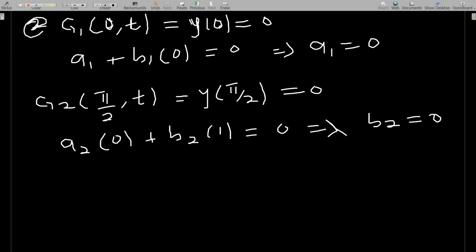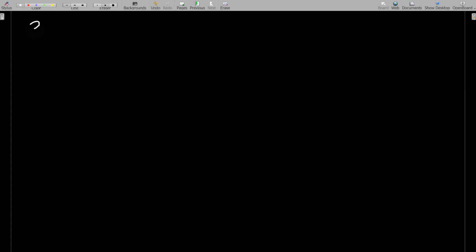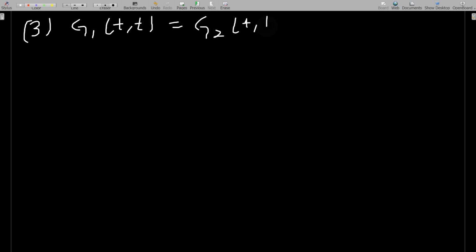Now let's go to the third condition. The third point is saying that g1 of t,t with respect to a second order BVP is equal to g2 of t,t. Now g1 of t,t means that wherever I see x in g1 of x,t, I put t there.